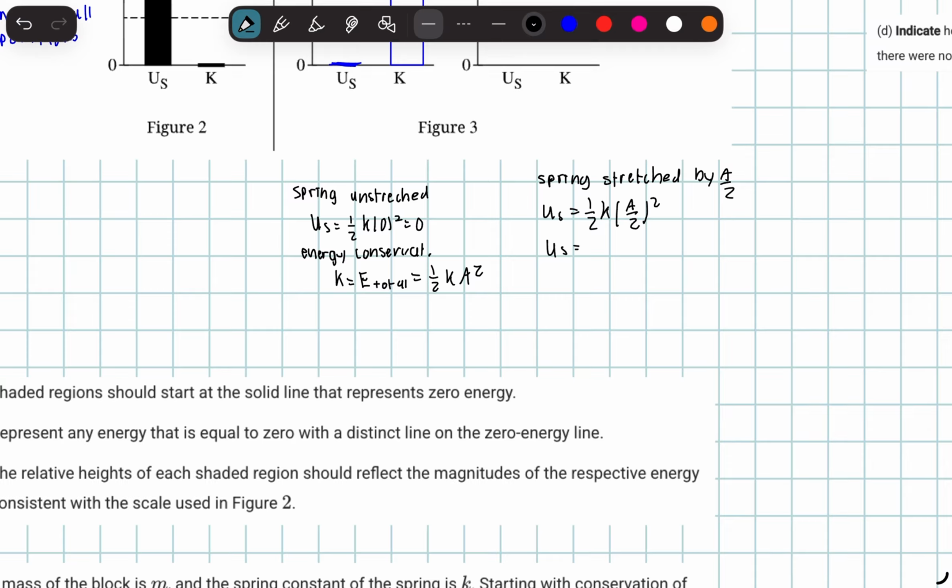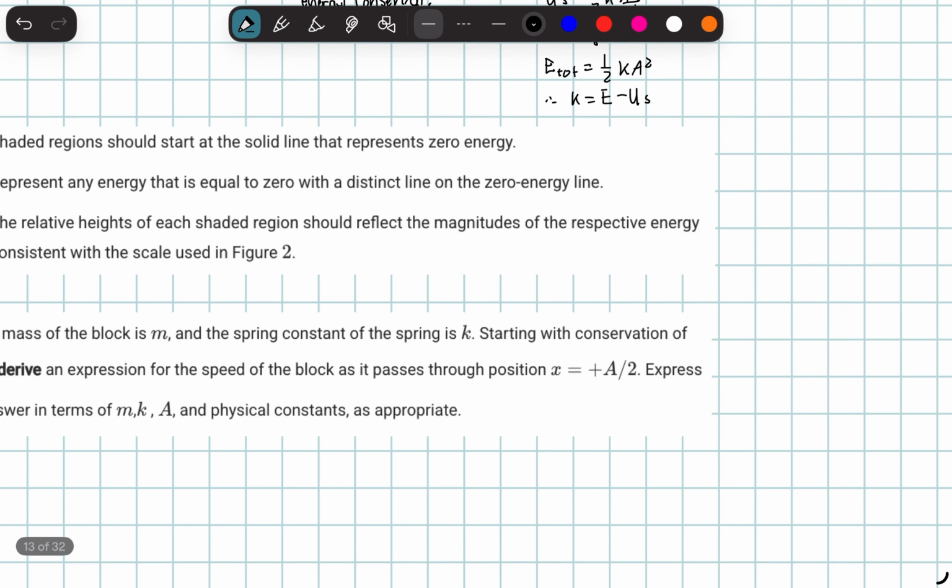So U_s is equal to 1/2 K times A squared over 4. U_s is equal to 1 over 8 K A squared. So then your total energy is going to equal 1/2 K A squared. Therefore, you can write your kinetic energy is equal to E minus spring energy.